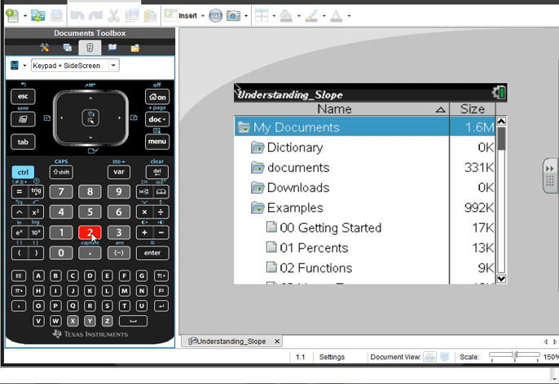We may need different calculators. Press 2. But I only sent it to you guys once. Oh, that's going to be a problem. It's only day 1. How can this be? Okay, if you don't find the understanding slope, I can link up a calculator and get that to you.